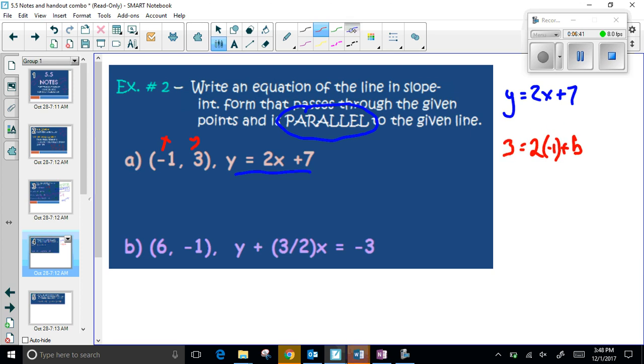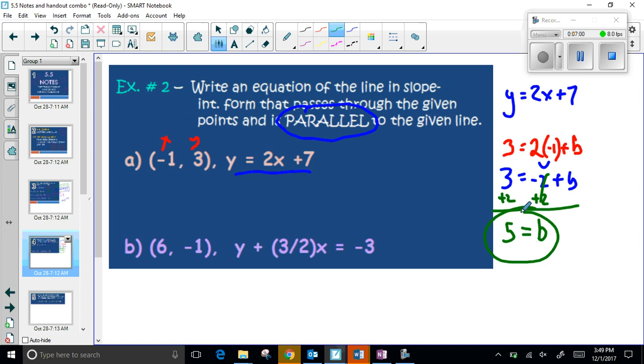And now I just solve this equation. 2 times a -1 is a -2. Now I add something to it to give me 3. Well, I add 2 on both sides. I'll just go ahead and work that out. Plus 2, plus 2. And now b is equal to 5. All right, I've got my equation.